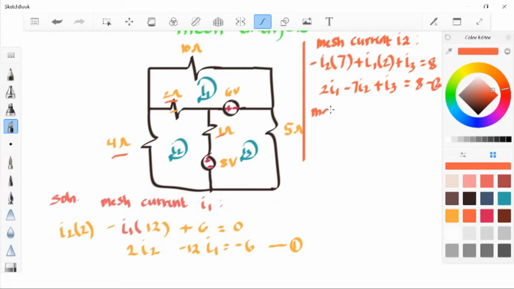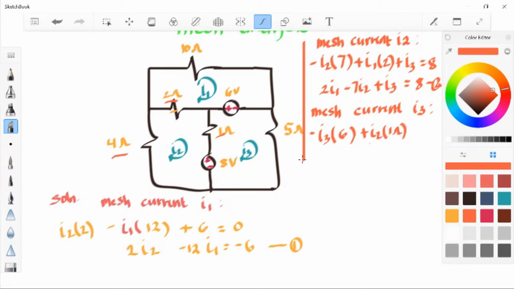And for mesh current I3, that is I3, again negative because of the voltage drop. Let's gather all the resistors. That would be 1 plus 5, that is 6. I2 opposes I3, so that will be positive I2 times 1 ohm.